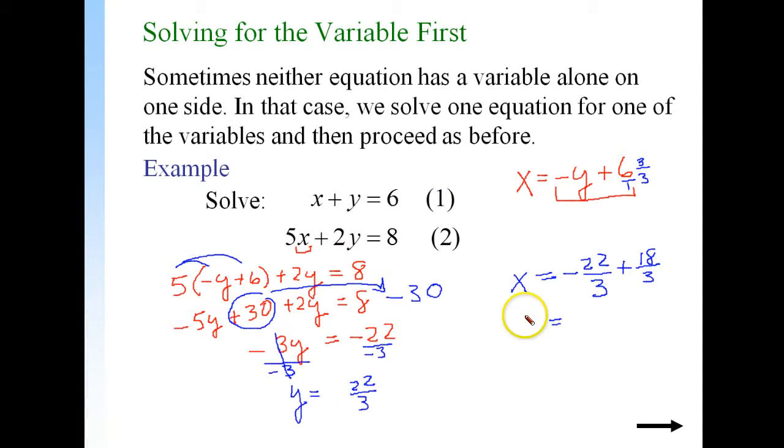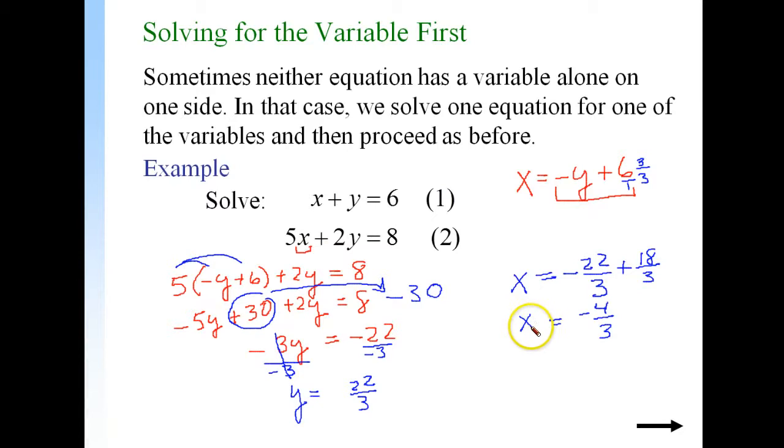and then we just do our, in the case here it's going to be like a subtraction in a sense, so this is going to be a negative 4/3.